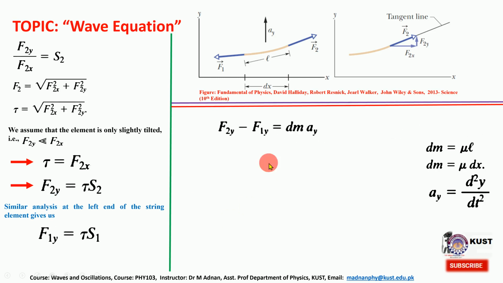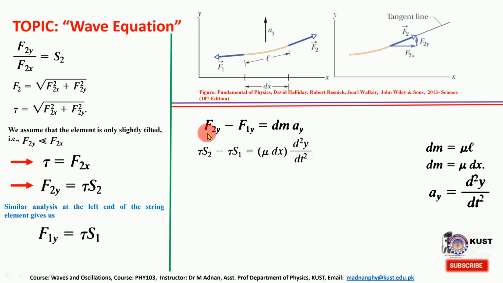So now we can put all these parameters in this Newton's second law expression, so that instead of writing F2y, we can write tension times S2, and F1y tension times S1. Instead of the mass dm, mu times dx, and instead of the acceleration, we can write d squared y over dt squared.